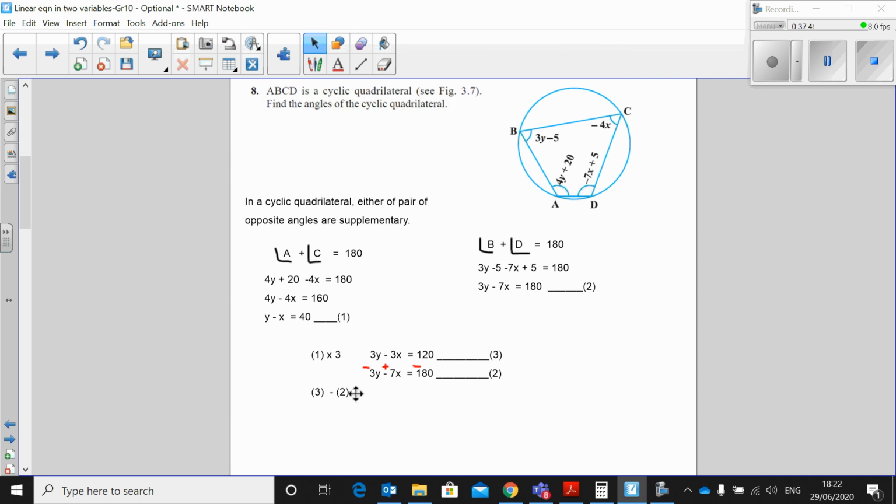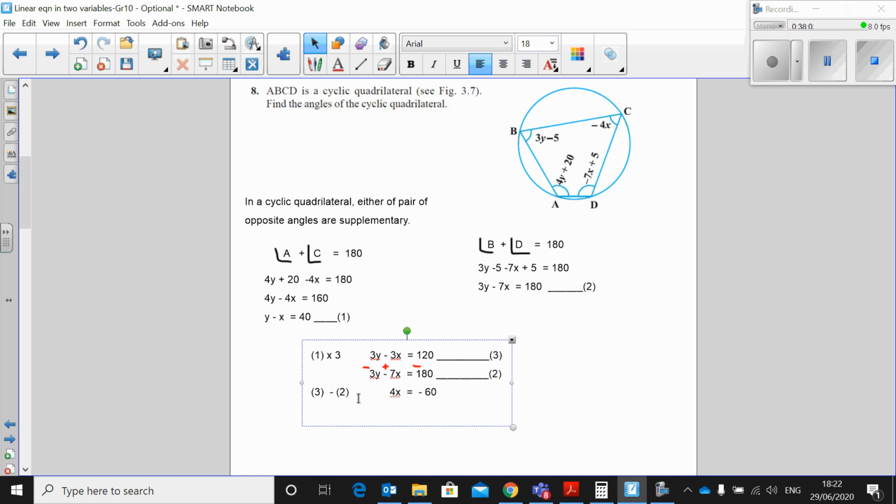Now equation 3 minus 2, 3y minus 3y get cancelled. We will be getting minus 3x plus 7x, which is 4x. 4x equal to minus 60. When 4x equal to minus 60, x is equal to minus 15. So x is equal to minus 15.